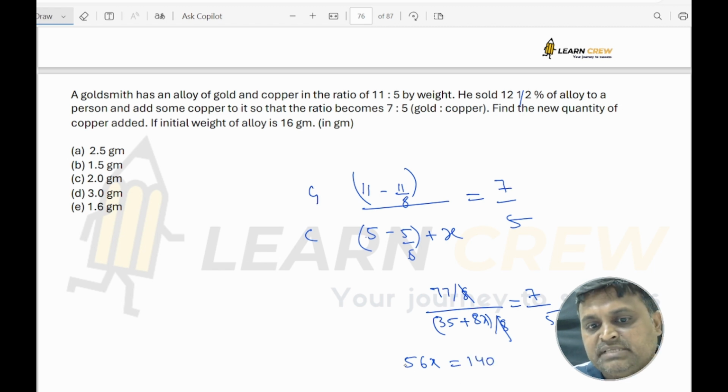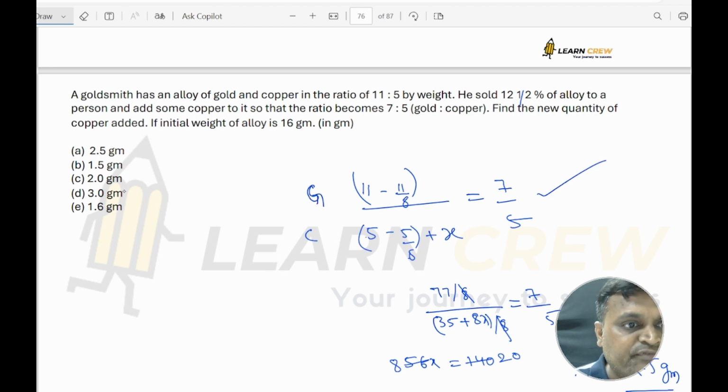So now again, 7 8s are 56, 7 20s are 140, so 8x is 20. So x is 2.5. So 2.5 grams of copper is added after you sell 12.5% of the alloy. Thereby the ratio of gold to copper finally is again 7 to 5. So the answer is 2.5.